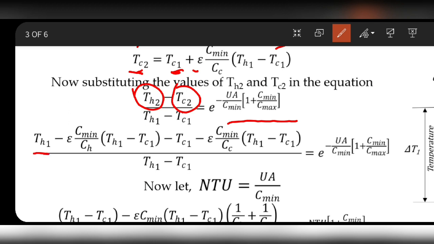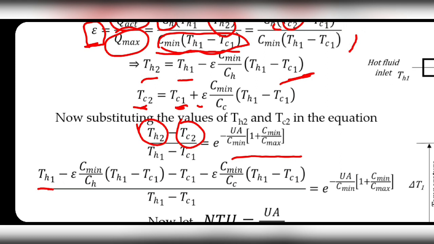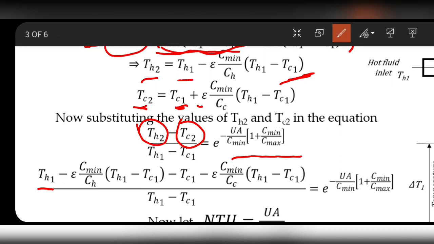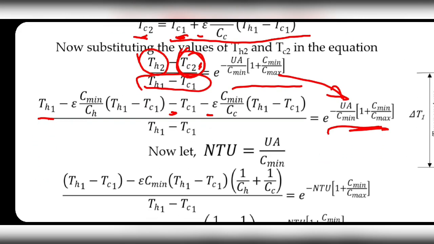TH2 is TH1 minus epsilon into C minimum by CH into TH1 minus TC1, and TC2 is given by TC1 plus epsilon into C minimum into TH1 minus TC1 divided by CC, but here I have minus TC2, so it will be minus TC1 minus epsilon into C minimum by CC into TH1 minus TC1, everything divided by TH1 minus TC1, equal to e to the power of minus UA divided by C minimum into 1 plus C minimum by C maximum. That remains as it is.